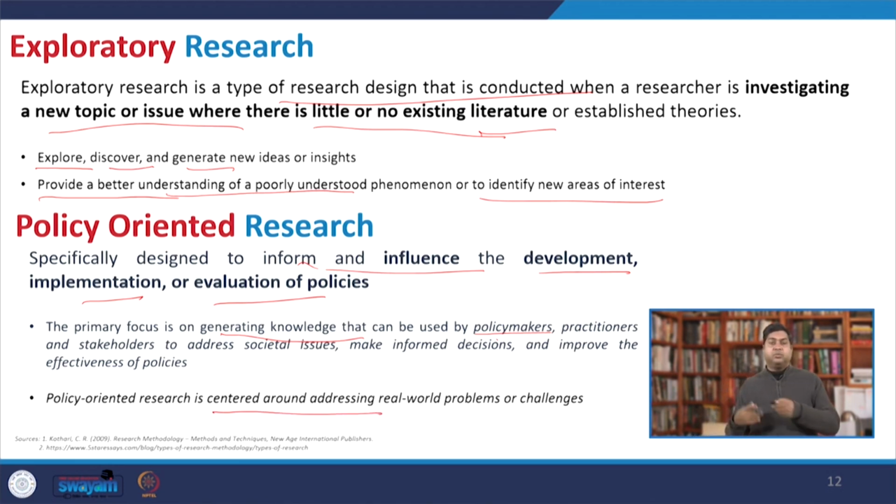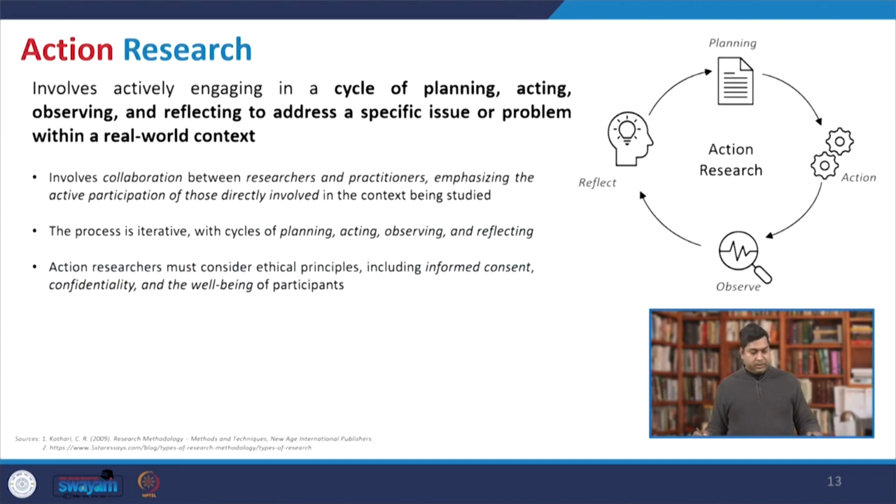If we think of a zero carbon state policy, to achieve that, what kind of strategy do we need to make? We need to find that out through research. That is policy oriented research.